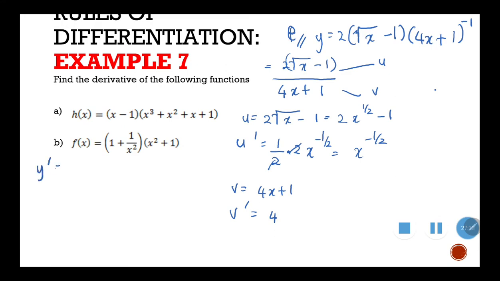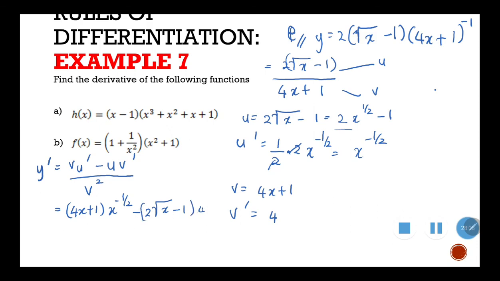The formula is like this: V U prime minus U V prime over V squared. So V U prime is 4x plus 1 times x, minus U V prime, times 4, over V squared. V squared is this.